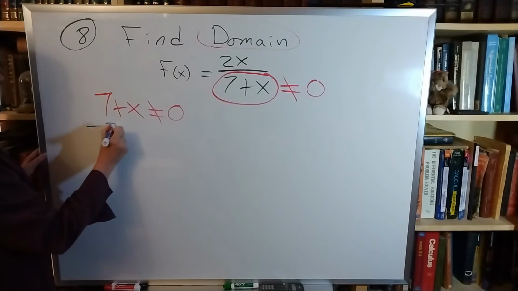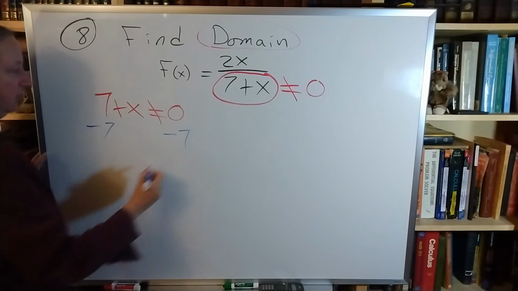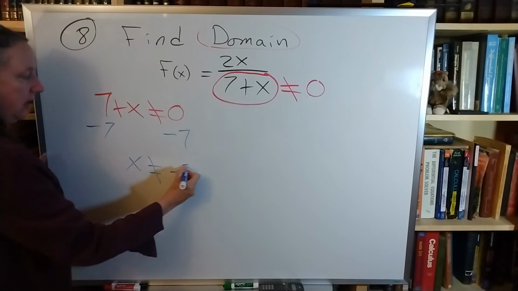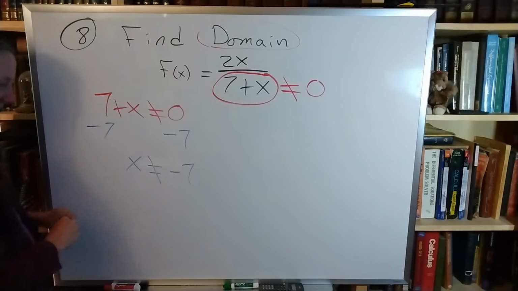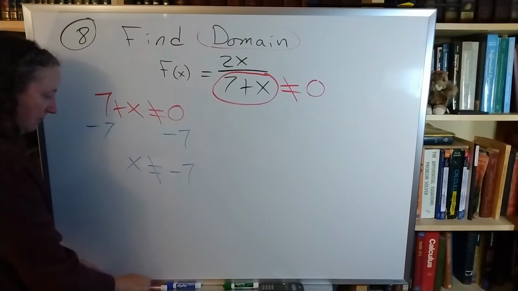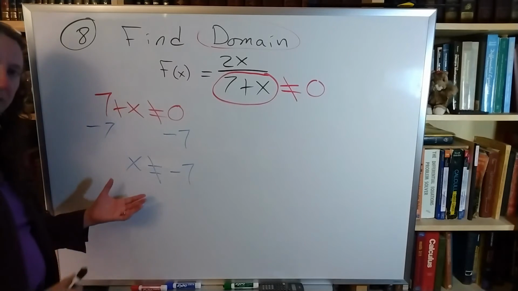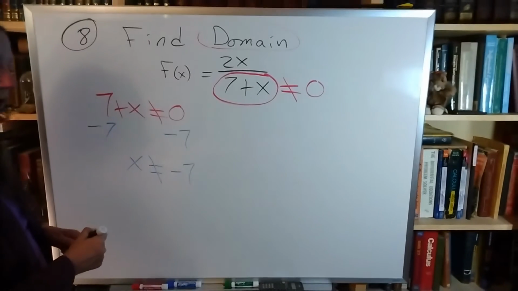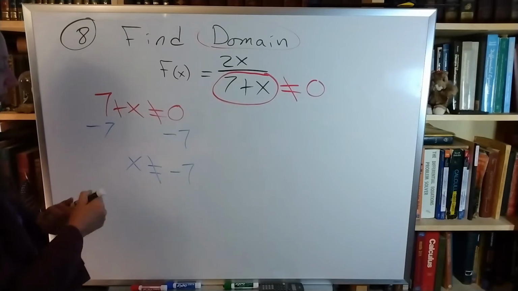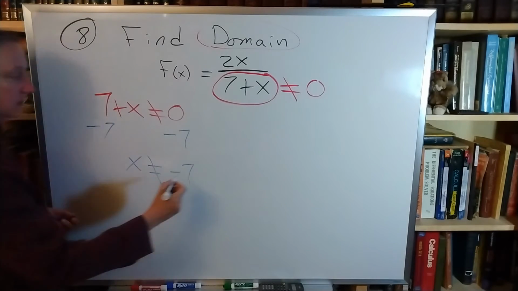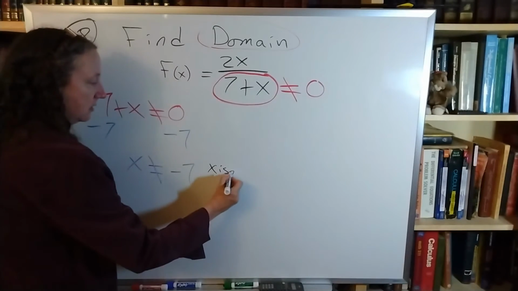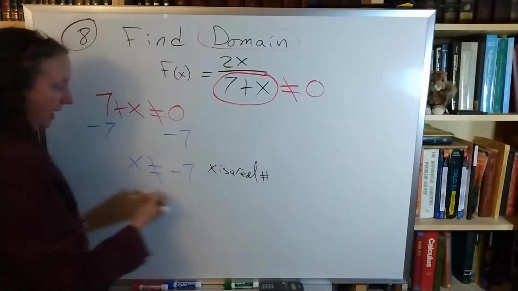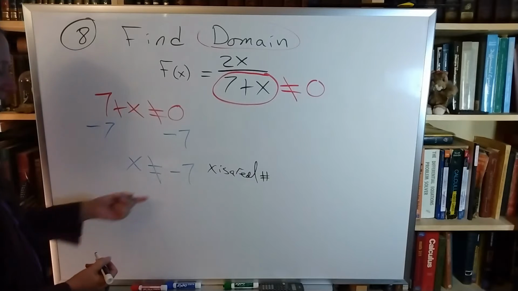So I'm subtracting the 7 from both sides, and I see that x cannot equal negative 7. So for some teachers, that would be enough. For other teachers, you might have to say x is a real number and x does not equal negative 7.